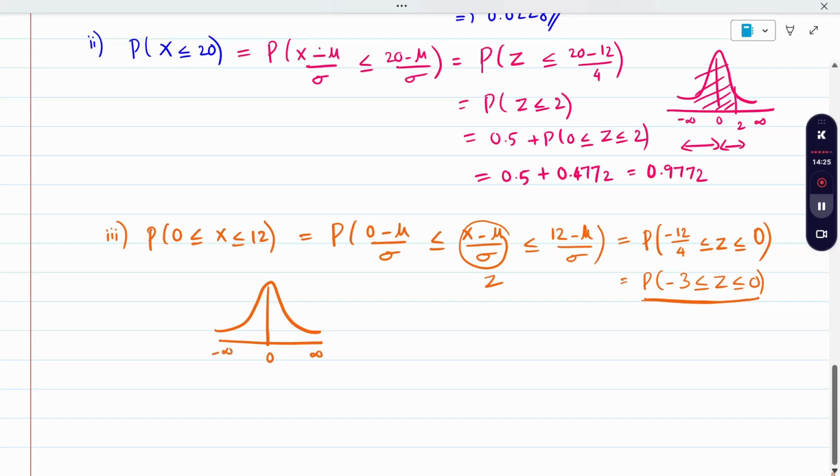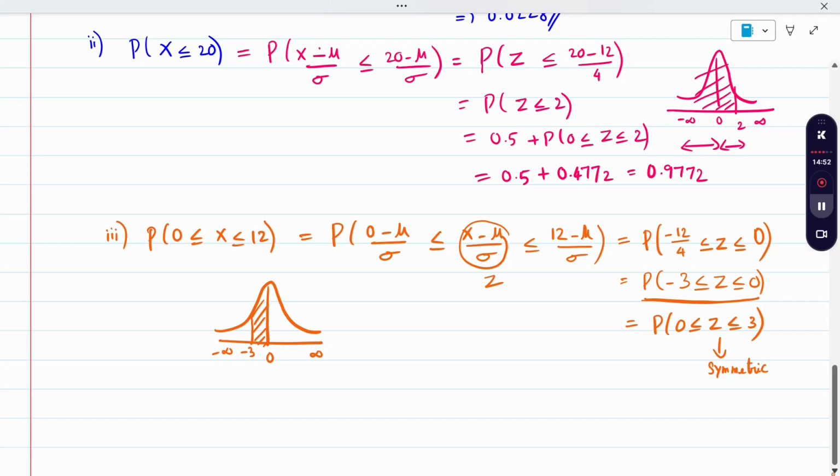Minus 3 is here. Minus 3 to 0 is our diagram. That is the same because the symmetry condition is satisfied: 0 less than or equal to z less than or equal to 3. No change at all. Negative as it is, we can replace it as a positive because it is symmetric.